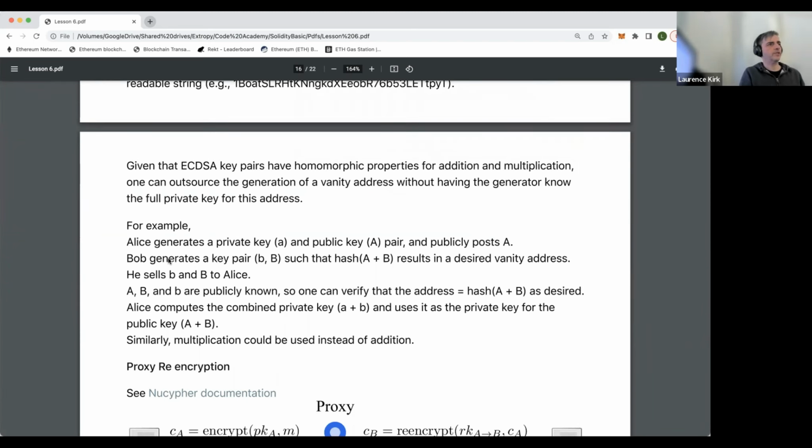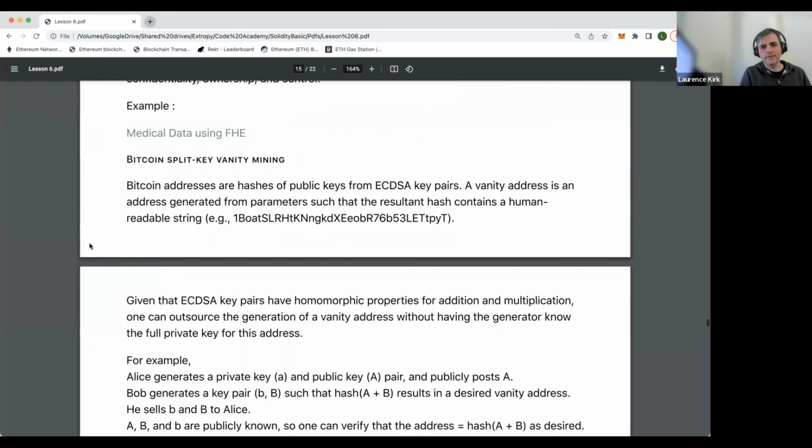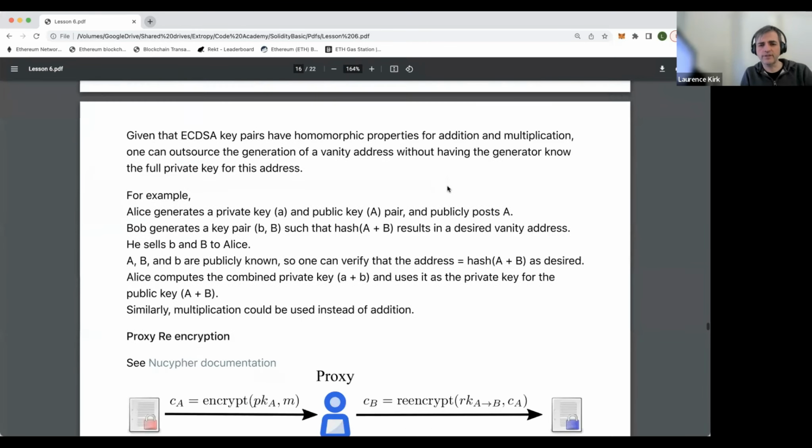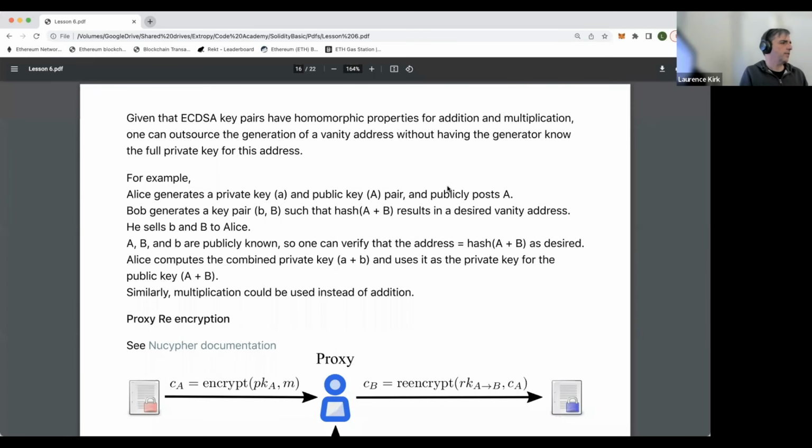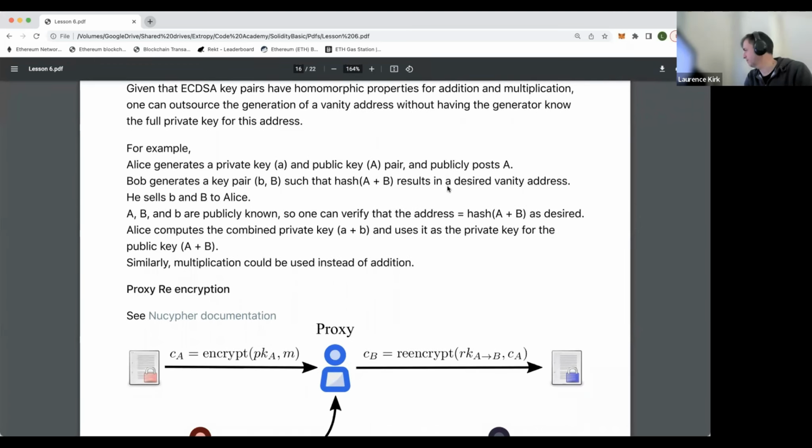So if you want a Bitcoin address or an Ethereum address that starts with a certain number, this split key vanity mining is a way of doing that. And if you Google, there are sites that will allow you to do this. For example, you can create an address that starts off with, say, 10 leading zeros or something like that. But that's relying on the same kind of idea of homomorphic encryption.